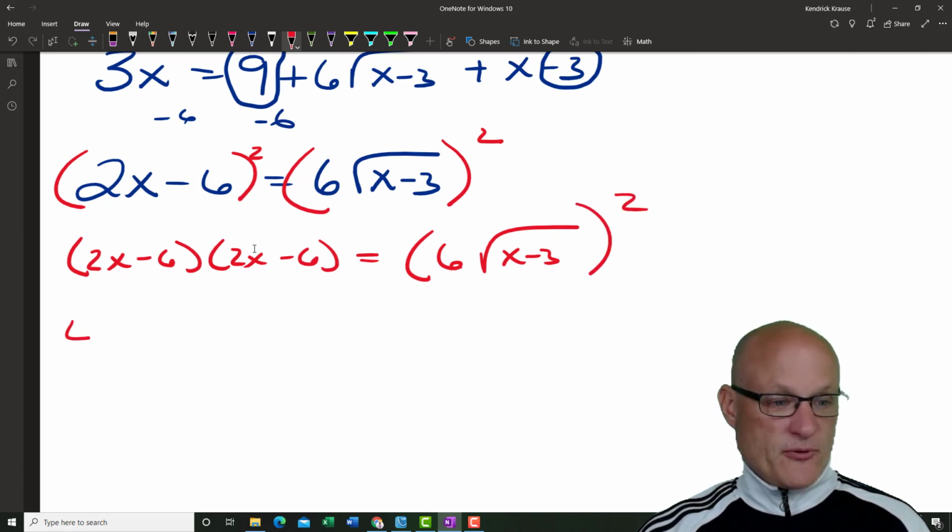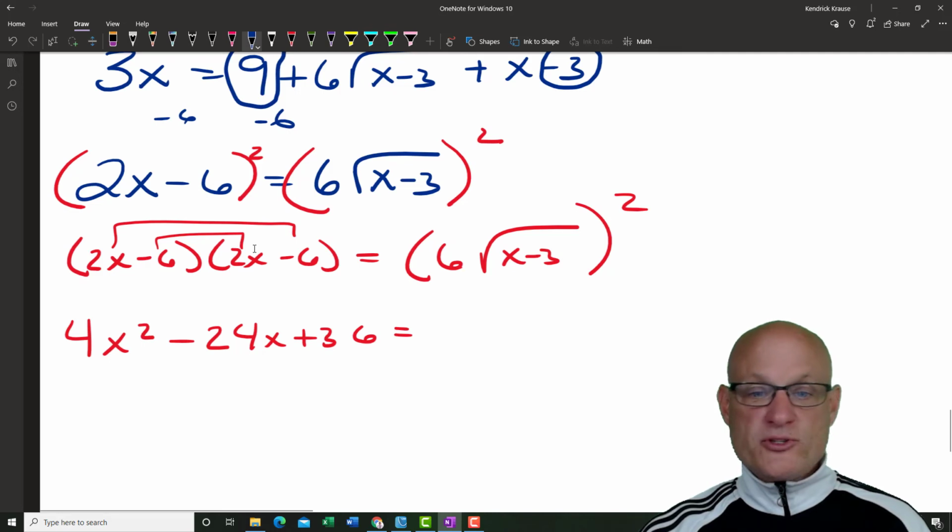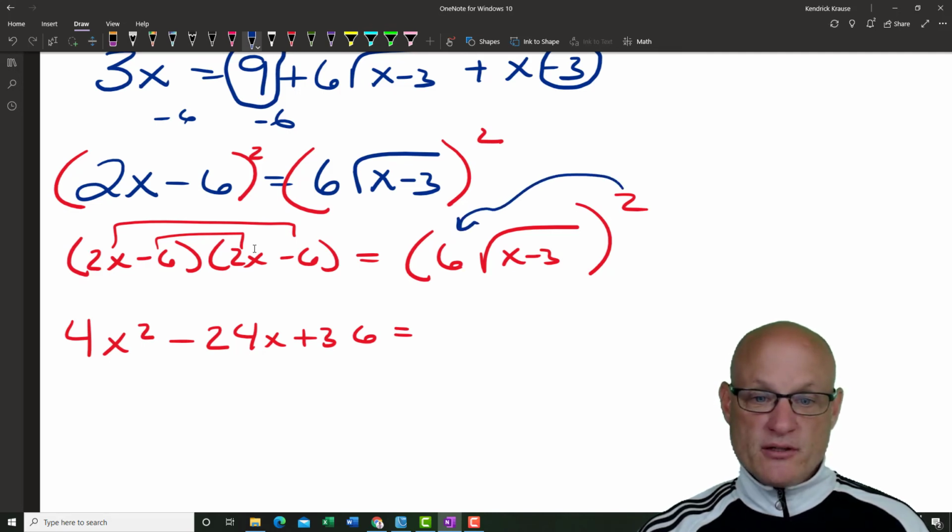So on this side, I get 4x squared minus 12x, minus 12x is minus 24x, plus 36 equals, now, what you have to do is that squared has to go here and here.